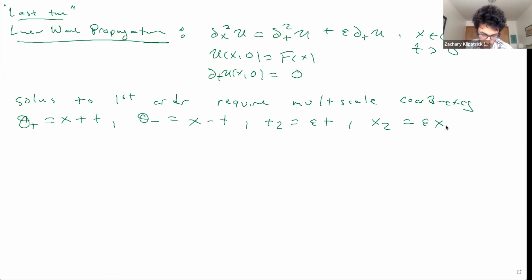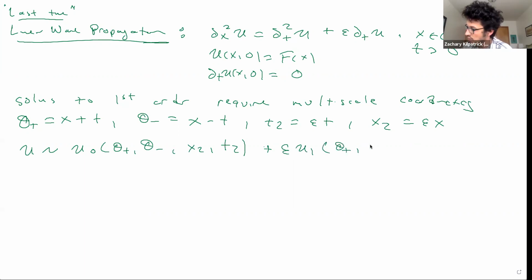So U then can be approximated to first order as some function of these characteristics, the characteristics of the classical wave equation, x2 and t2. And then up to next order would be U1 and so on.